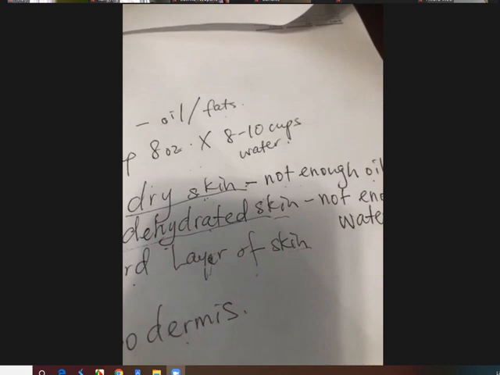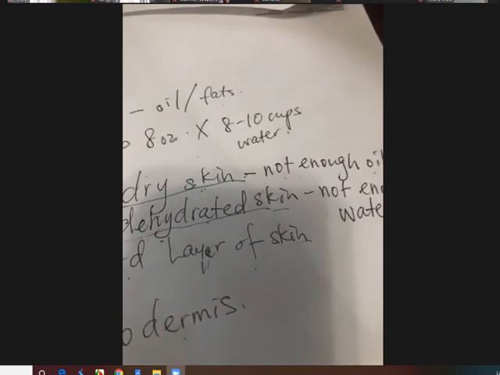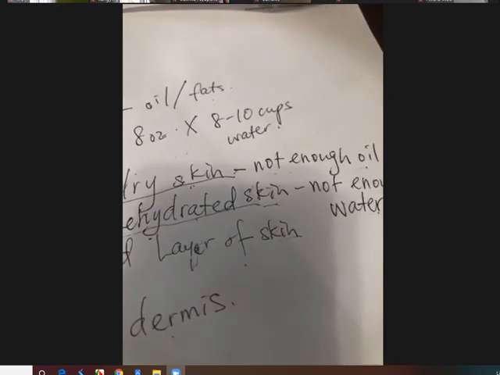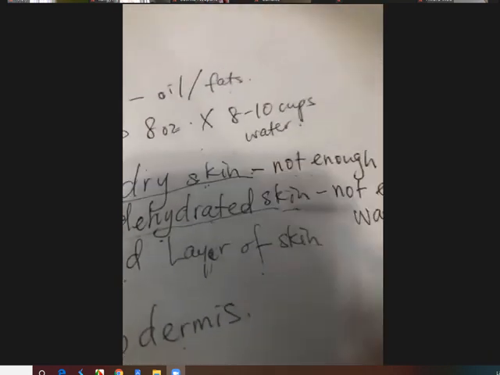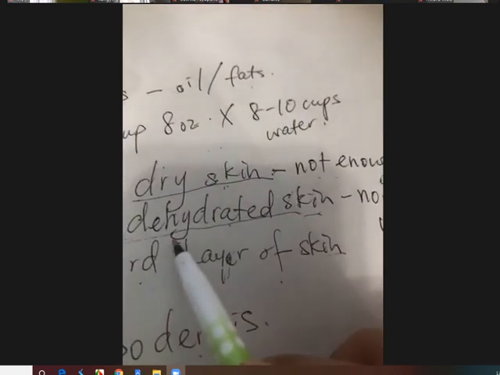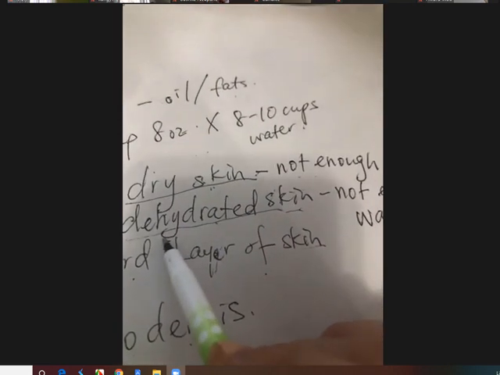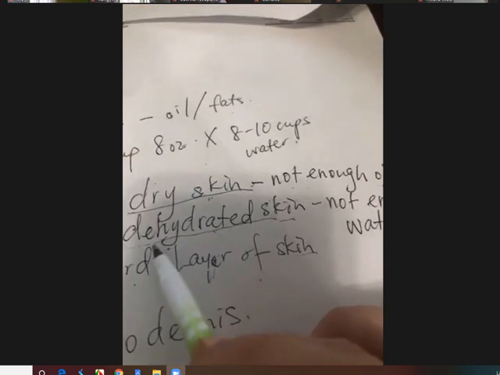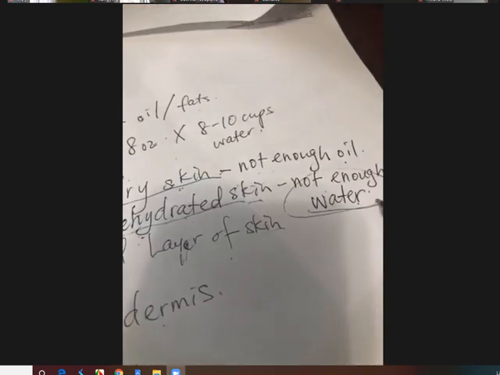Please remember this. Don't mix up. Don't go and tell a customer, oh, your skin is so dry. Dry means you don't have enough oil. In skincare, you have to tell your customer your skin is dehydrated. Dehydrated means your skin doesn't have enough water.